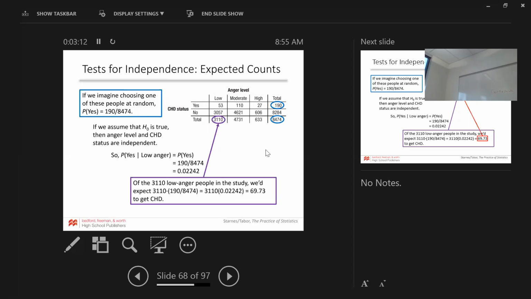Ready? This is 2 by 3. We do not count the totals. You go to matrix, edit A, and you put in a 2 by 3 matrix, and you put that data in there.